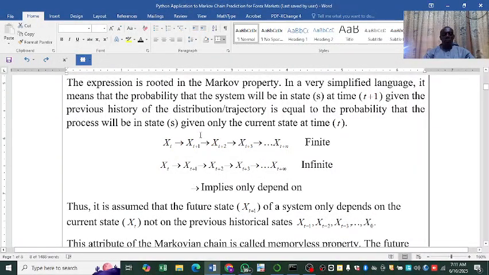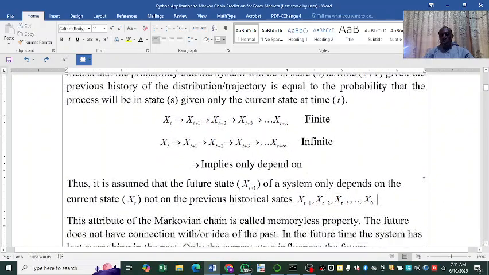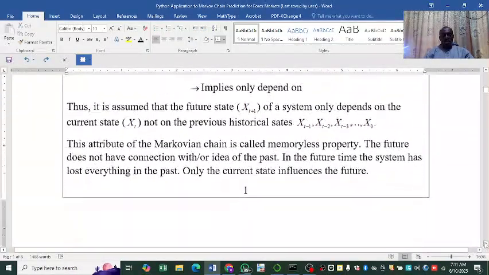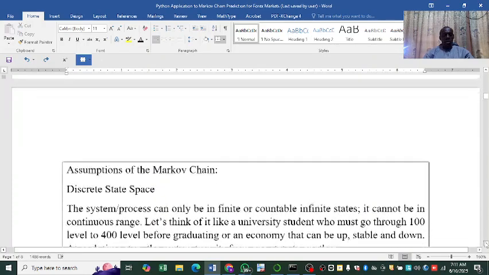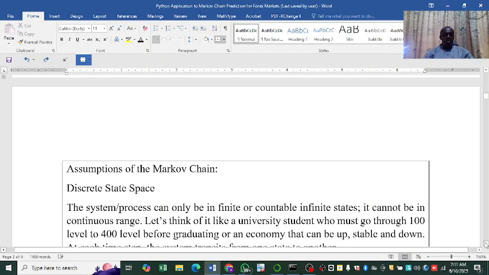It does not depend on the event at time t plus 1 or on the event at time t. The arrow simply means "depends on". This is the conceptual framework of Markov chain.